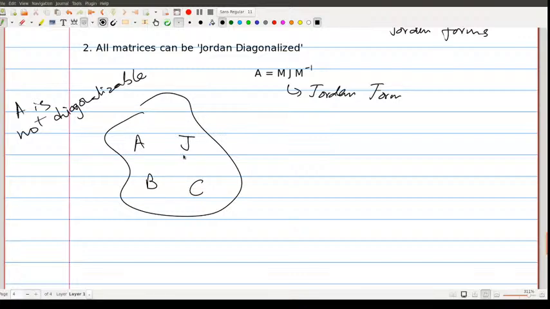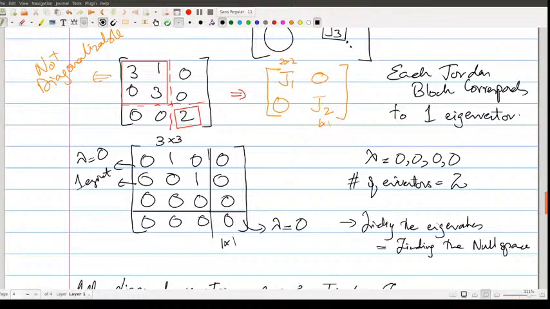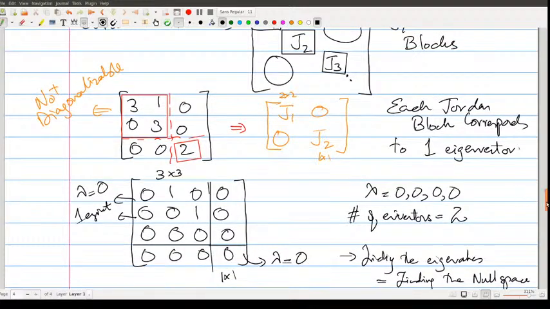It just has those annoying ones on the first off diagonal, right? And all of these matrices are similar to this Jordan form, right? I believe it's also called the Jordan normal form. And that's the best you can do. I can't diagonalize every matrix, but I can Jordan diagonalize every matrix, right?